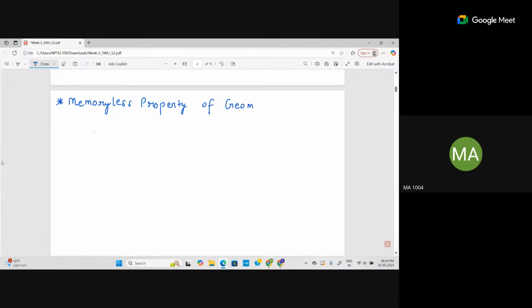Anyone? What do you understand by it? Probability of m plus n greater than z conditioned on n greater than z is equal to probability of n greater than z.